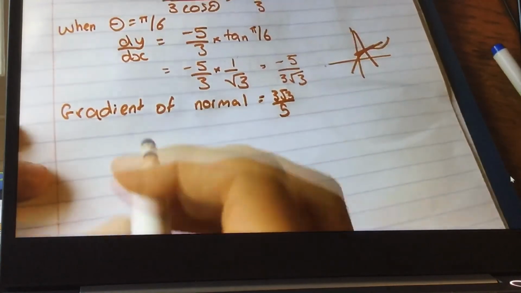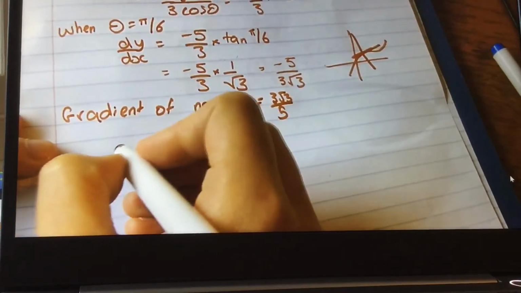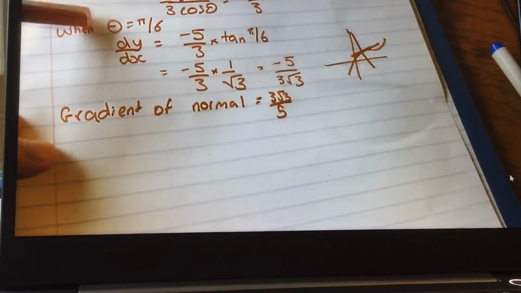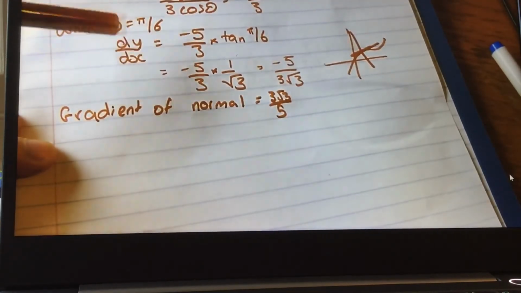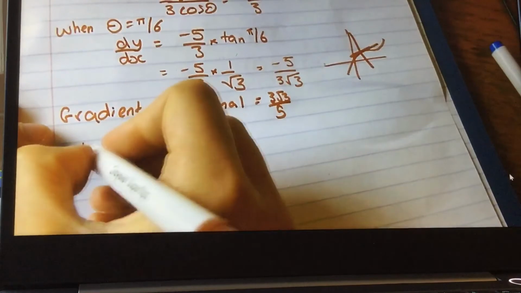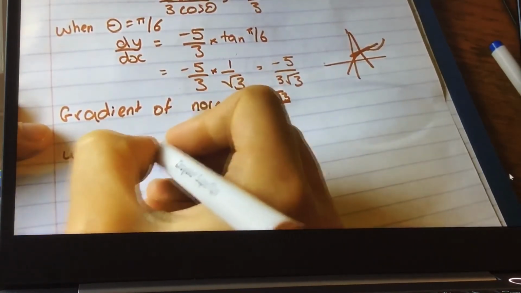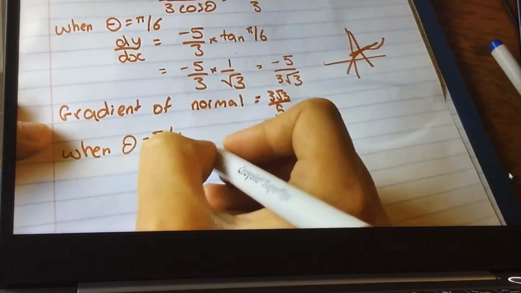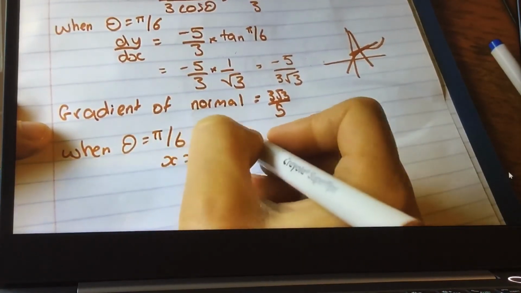And then we need to find the equation of a line. We need two things. We need the gradient and a point. Well, we don't actually have yet a point because we've only got a value of the parameter, so we need to sub that in too. So when theta equals pi by 6, x is equal to 3 sine of pi by 6.